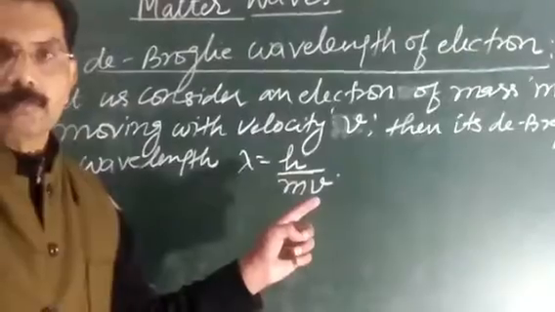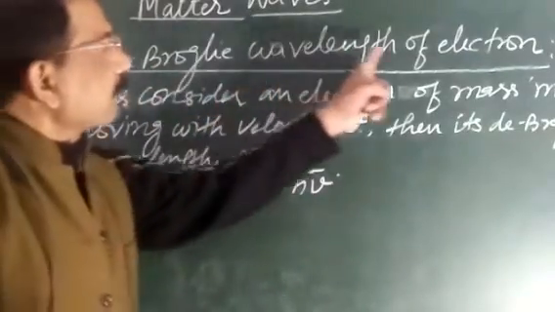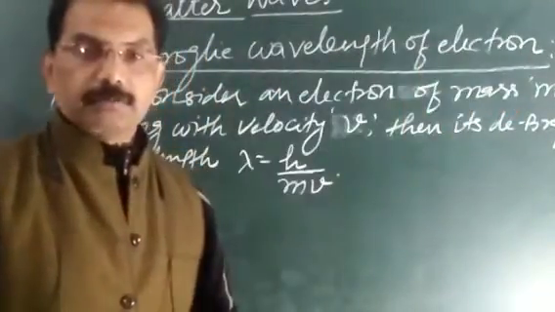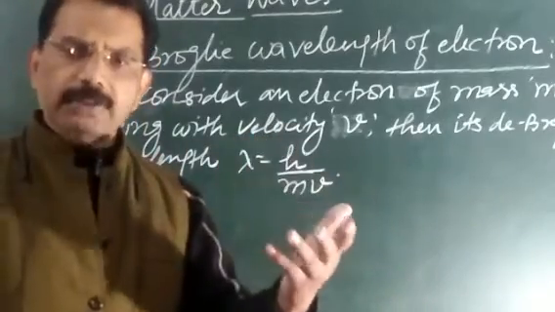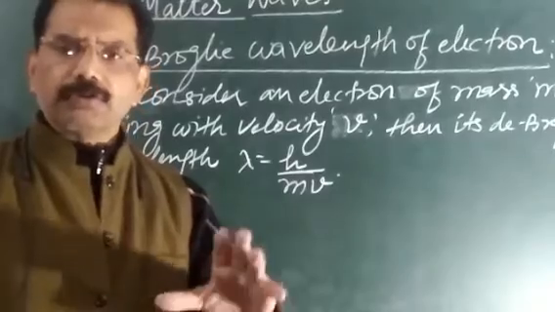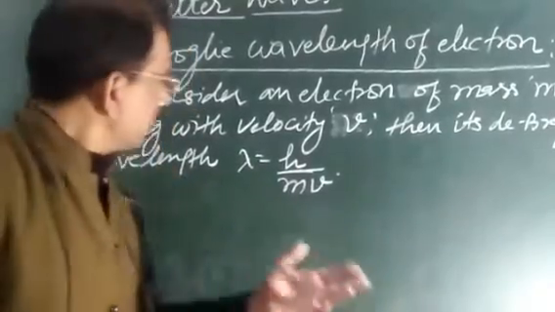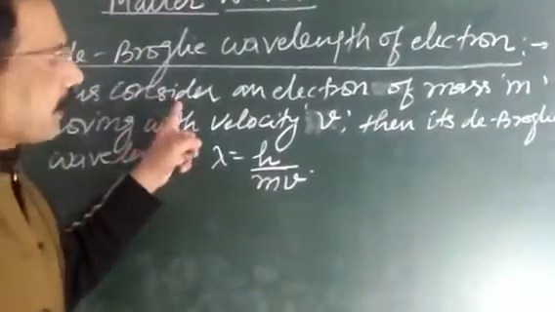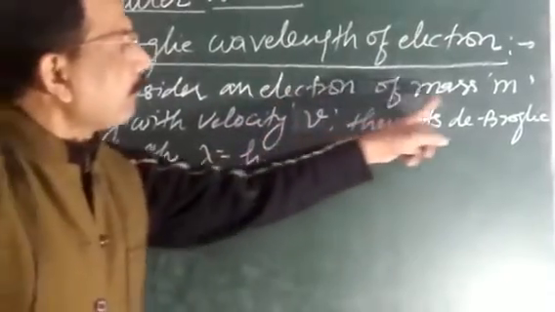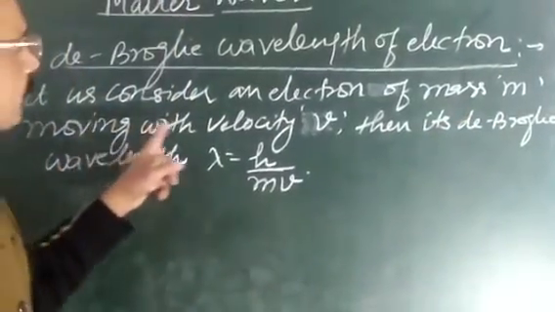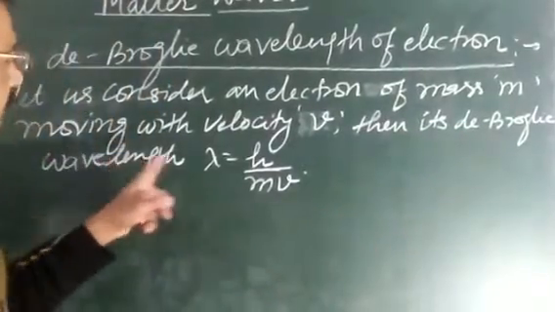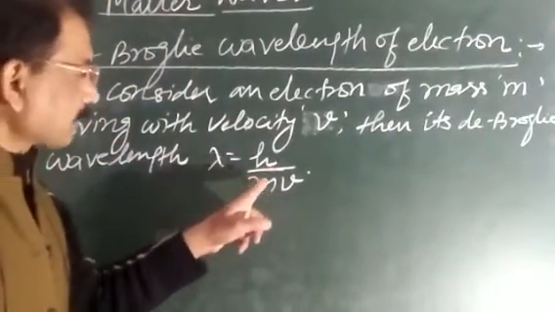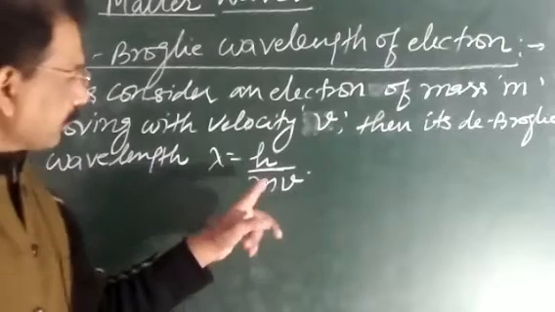Now, de Broglie wavelength of an electron: how can we calculate the de Broglie wavelength of an electron, or of any particle whose mass or kinetic energy is given? Suppose we consider an electron of mass m moving with velocity v, then its de Broglie wavelength is given by lambda equals h upon mv, as I have already discussed.